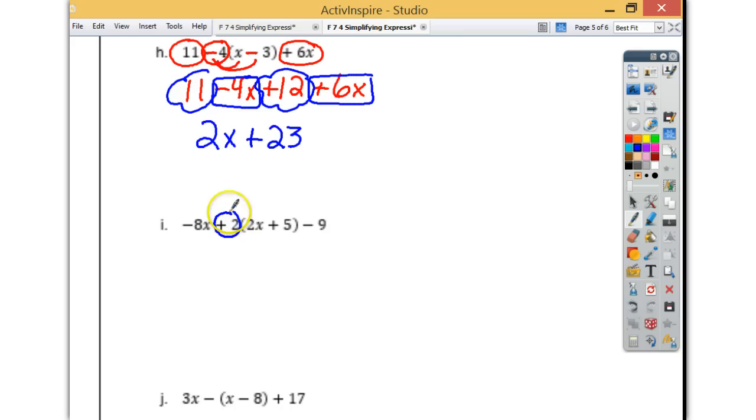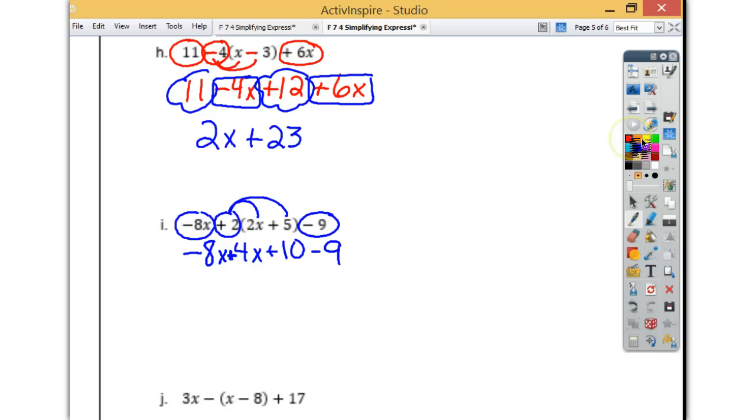Letter I. Distributing the 2. 2 times 2x, 4x. 2 times 5, positive 10. Now I have to bring down this term in the front, a negative 8x. Now this was a positive 4x, so you've got to put a plus sign in here for the positive, and then bring down your minus 9.